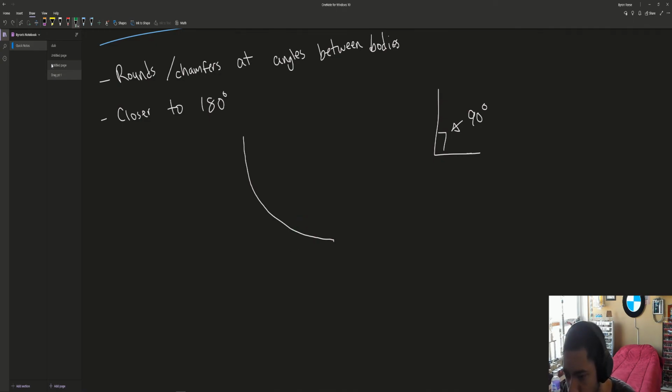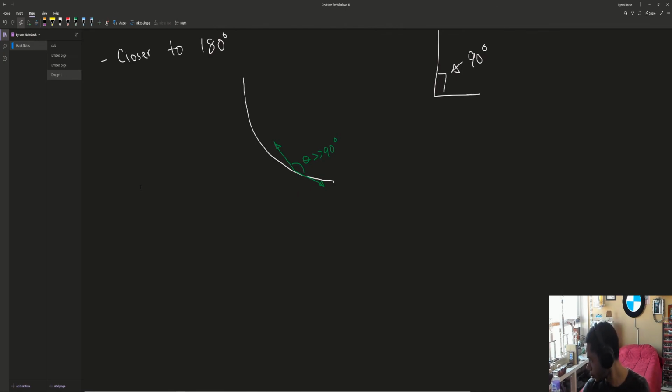We want two tangency points. So we have the tangency point going back down this way, such as this, and we have the tangency point going up. So if we look at that, we have this really big angle. And so by having these curves, essentially it has an angle change that is really, really large. And because of that, the amount of interference drag you'll get there is much less. Okay.